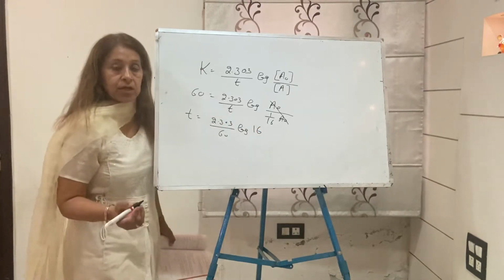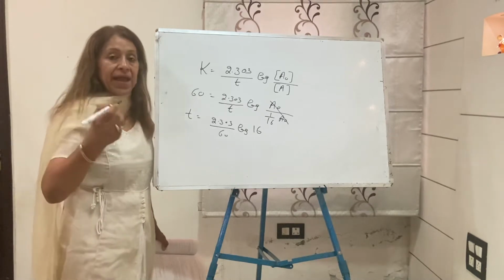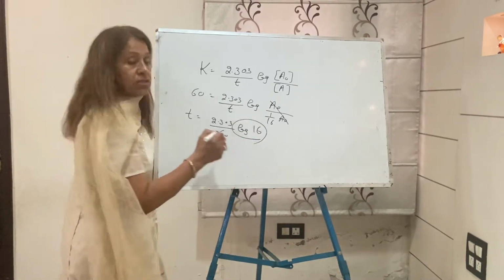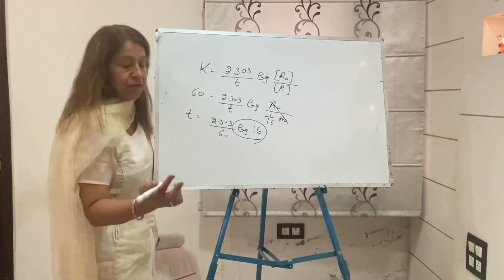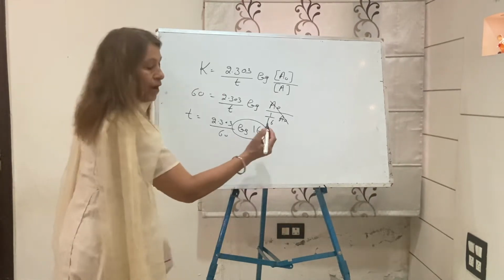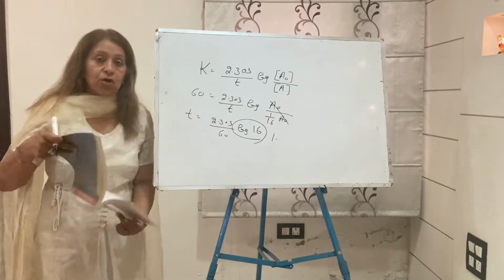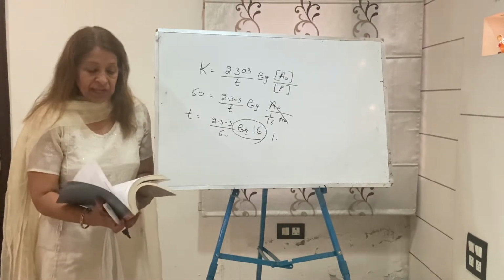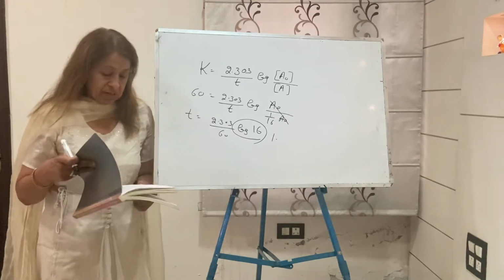You can open the log table at the back of the NCERT book and see what log 16 is. 16 is a 2 digit number, so it will come as 1 point something, whatever the value of log 16. You can check from the NCERT, at the end of which the log 16 must be given.